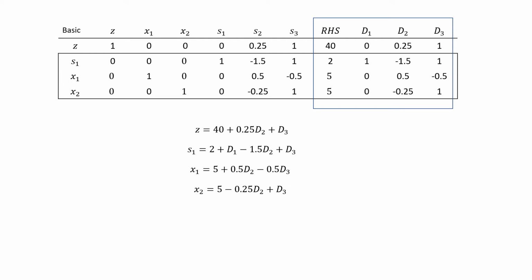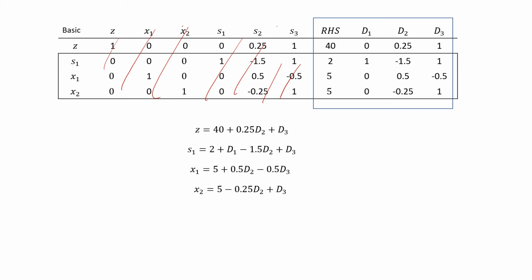So this is our terminal tableau, where we have our optimum solution. Let's just copy the same tableau. This block on the right-hand side, that is our solution. So now let's take this and write out what this means. So Z, again, we ignore all the stuff in here. Normally in our tableau, it would tell us that Z equals 40, S1 equals 2, X1 equals 5, and S2 equals 5.